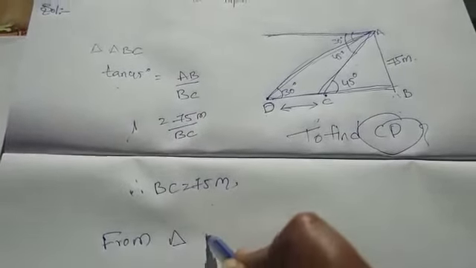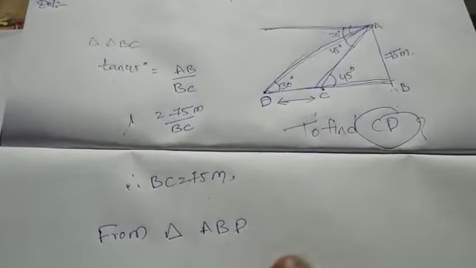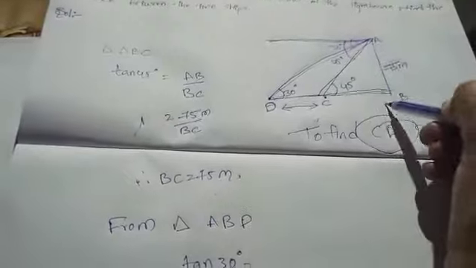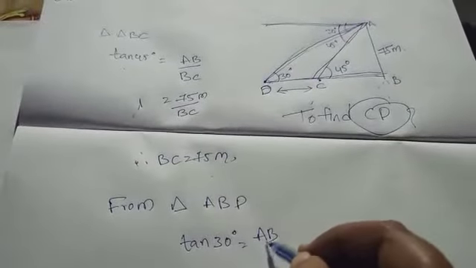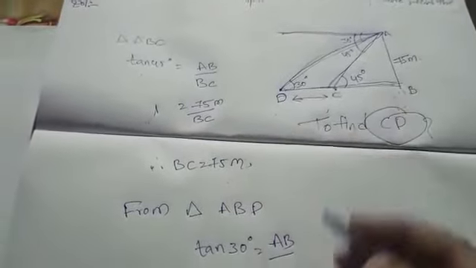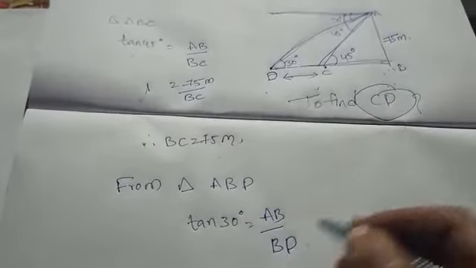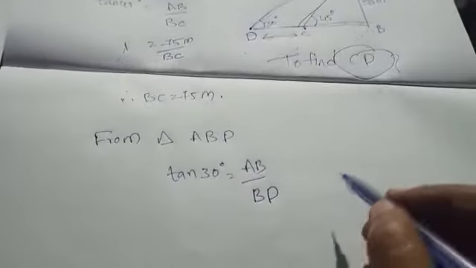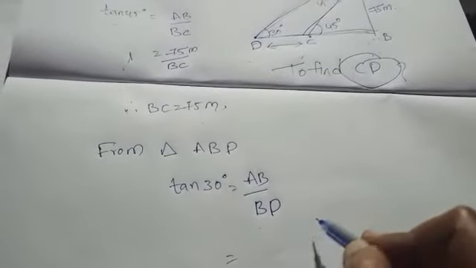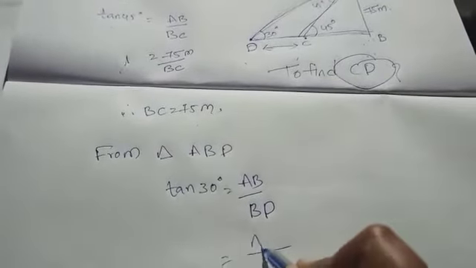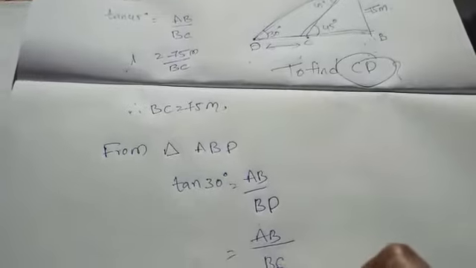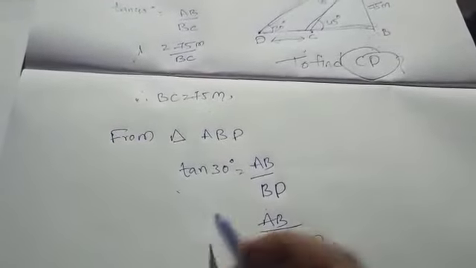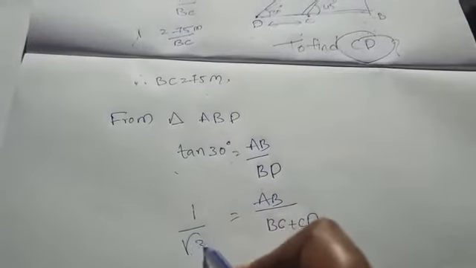From triangle ABD, tan 30 degrees equals opposite side AB by adjacent side BD. Here BD equals BC plus CD. Tan 30 degrees equals 1 by root 3.